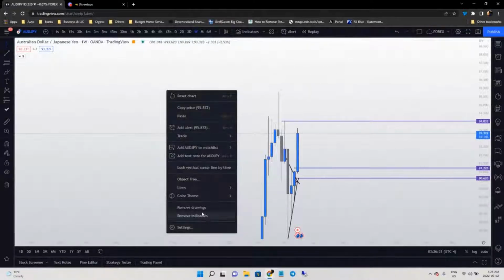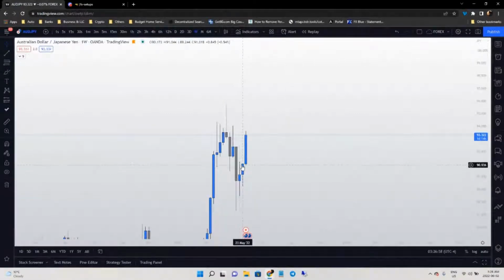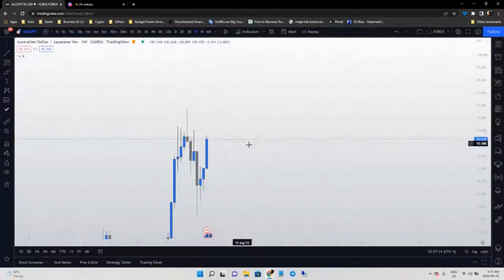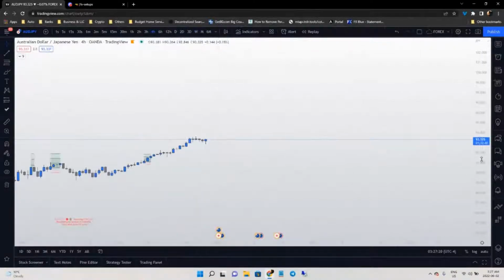Just gonna remove the drawings. Perfect. So overall, this week was really bullish. We're really bullish on AUD JPY, and I think we're basically at an exhaustion here right now, but we will see. So we'll go down to the 4 hour.